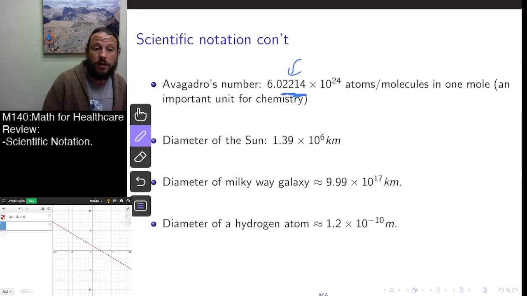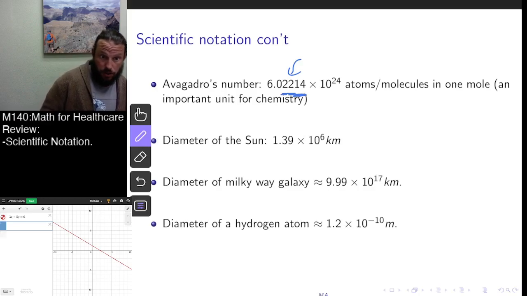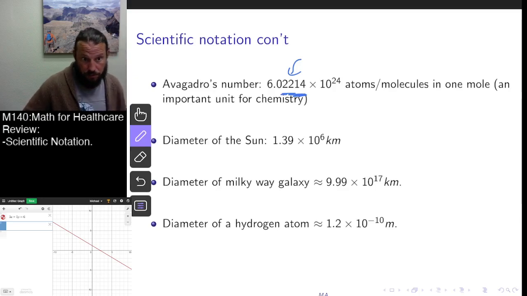Diameter of the sun is 1.39 times 10 to the 6th kilometers, okay? So that is what? That's going to be 1,390,000 kilometers. The diameter of the Milky Way galaxy is approximately 9.99 times 10 to the 17th kilometers.